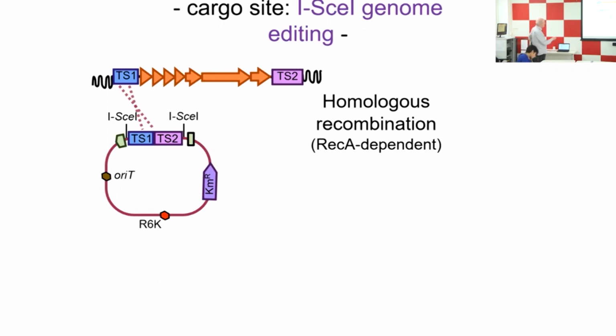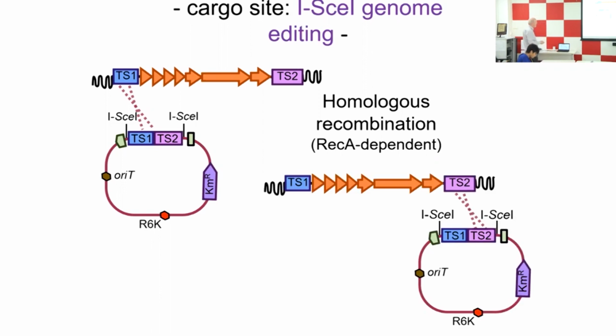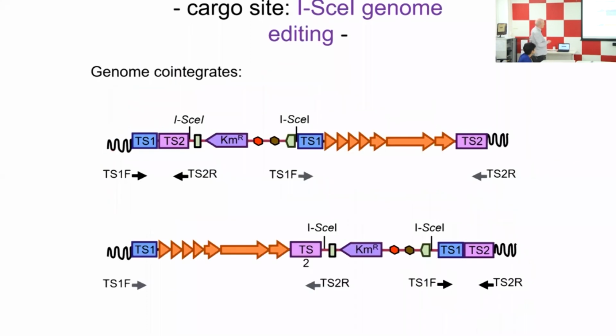And this is dependent on homologous recombination, which itself depends on a mechanism based on this protein that makes the recombination. Obviously, you have a region of homology upstream and another region of homology downstream. The plasmid can be integrated either upstream or downstream. Once the plasmid gets integrated into the chromosome, you get structures of this sort.